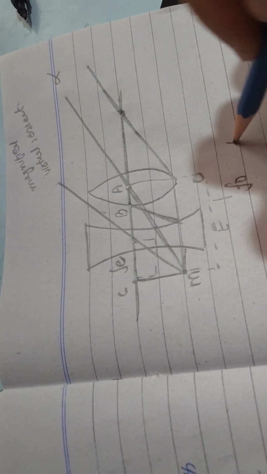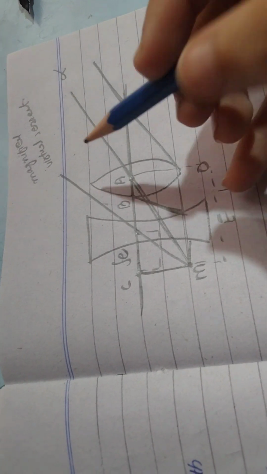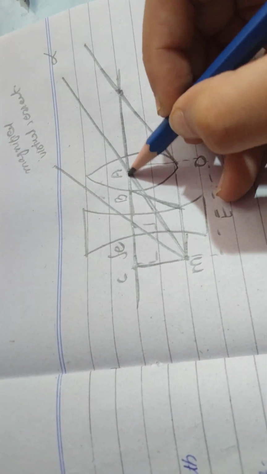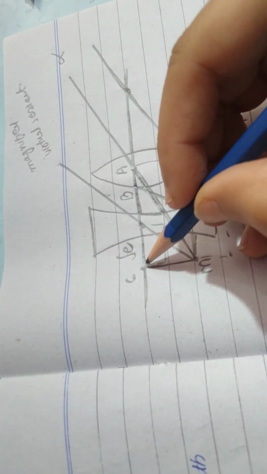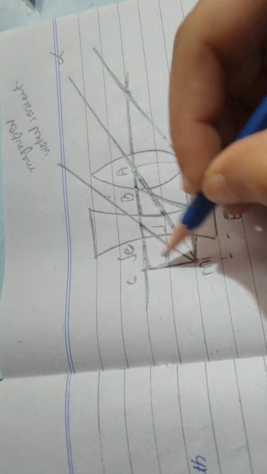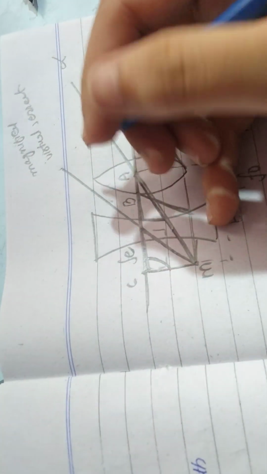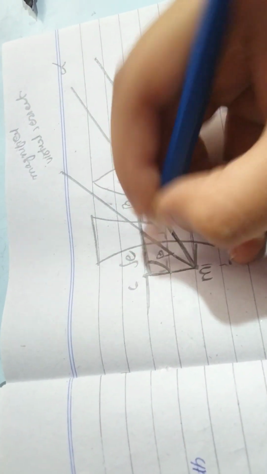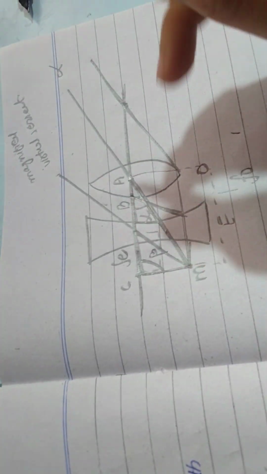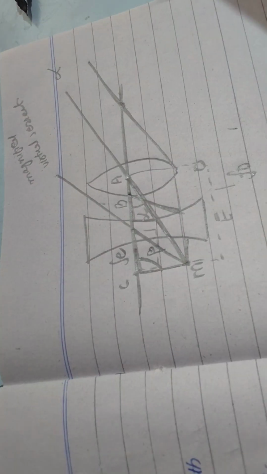This is the image diagram. Now you can see here we have two triangles. One triangle is this, and the other is this whole triangle. This angle is known as beta, and this is alpha.